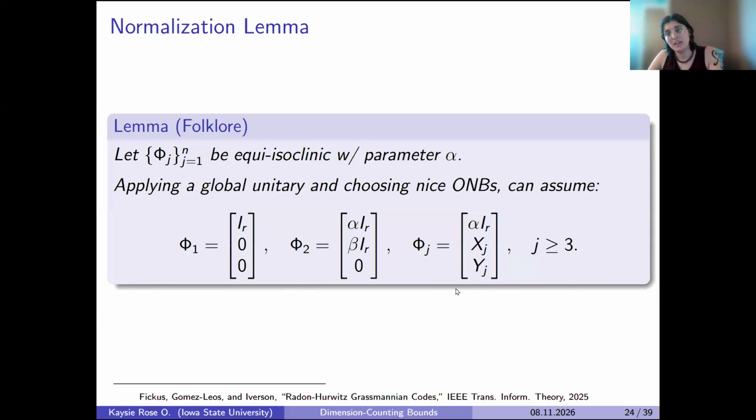So we get this. And then after the second one, we've kind of run out of ability to rotate the isometries. We can pick a nice orthonormal basis to get alpha IR up top, but this xj and this yj are kind of a black box. There are some properties we know of them that are explored in the paper, but they're not like, oh, it's something times identity.